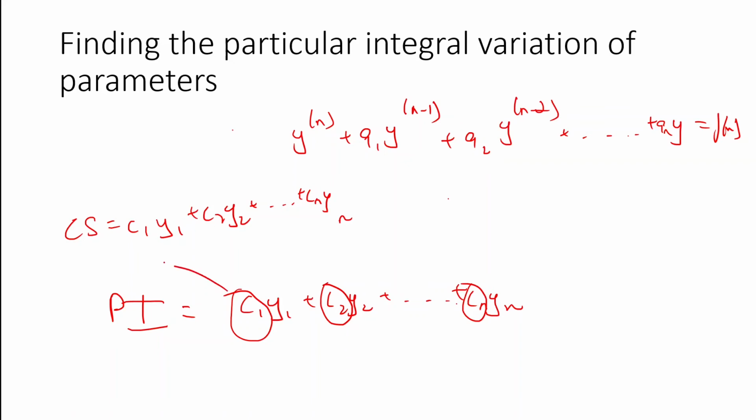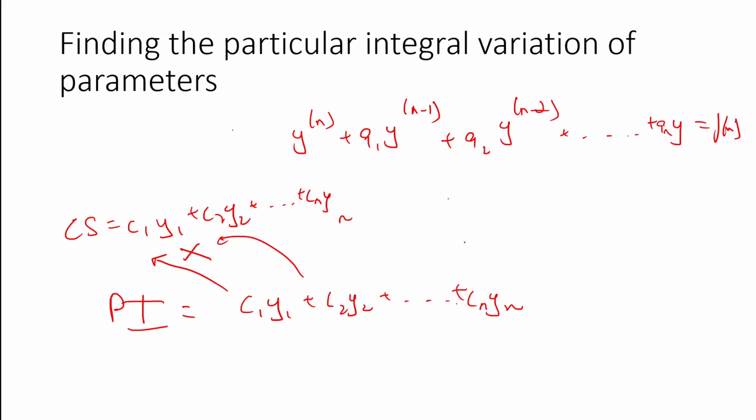Remember these are not the same as the constants which we found earlier, which we don't care about. Those are just arbitrary constants, and these are functions which we need to find. I am writing it in the same form so that the particular integral form is not forgotten in variation of parameters.